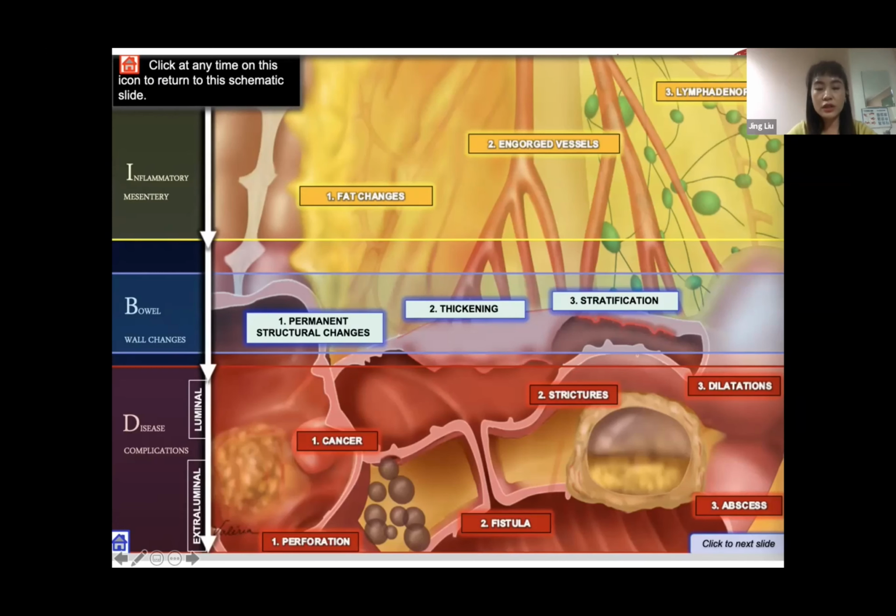And for the bowel wall changes, it may have permanent structural changes, thickening of the bowel wall and stratification of the bowel wall, with ulcer or granuloma. For the complications, it may include perforation, fistula, abscesses, and maybe also cancer, stricture of the lumen, and dilation of the proximal bowel.